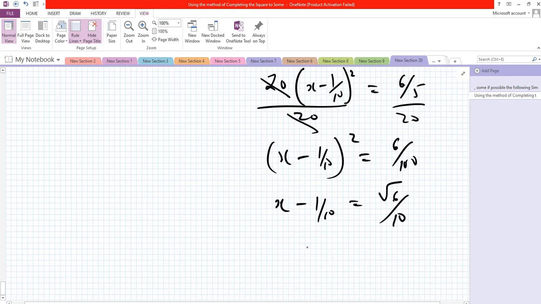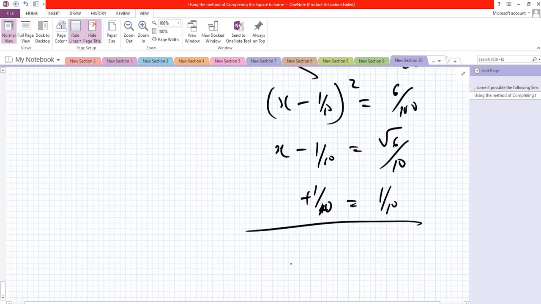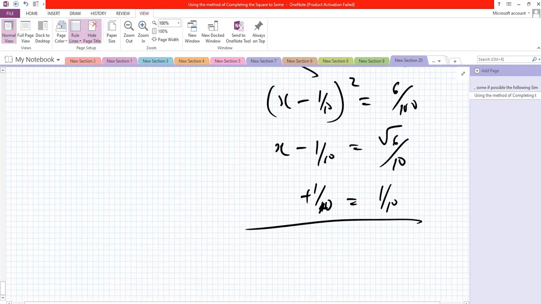So if you add 1 over 10 to both sides, to take off this, you take the opposite of it. This is minus 1 over 10, so you add plus 1 over 10 to both sides. This one will cancel out this.